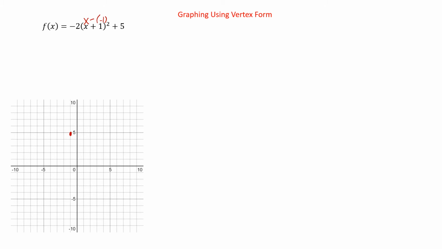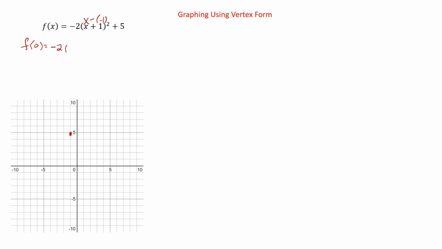So we're going to start with the vertex. Then we need a couple extra points. We really need 4 extra points, but we only have to find 2 because of the symmetry. So we're going to go 1 to the right. We could go 1 to the left if we wanted to, but honestly 1 to the right is 0, so that's a good number to plug in. So let's plug in 0.